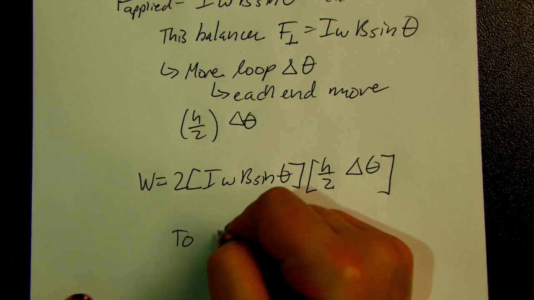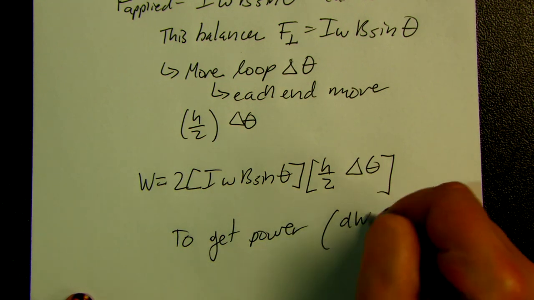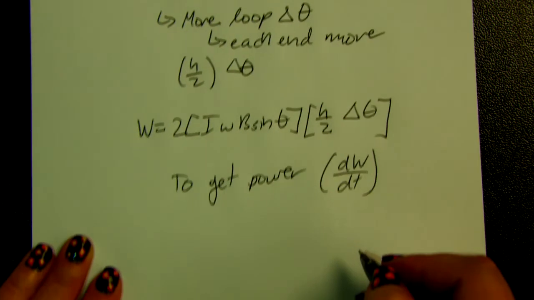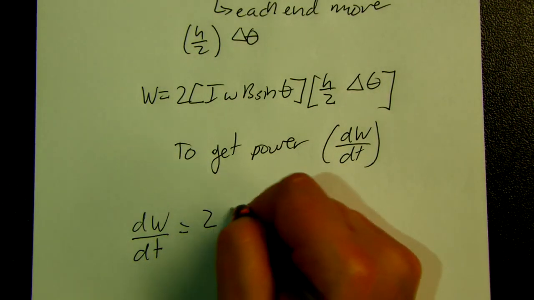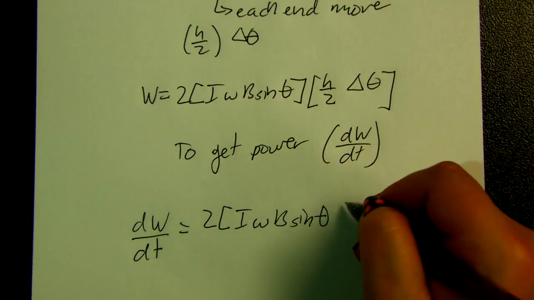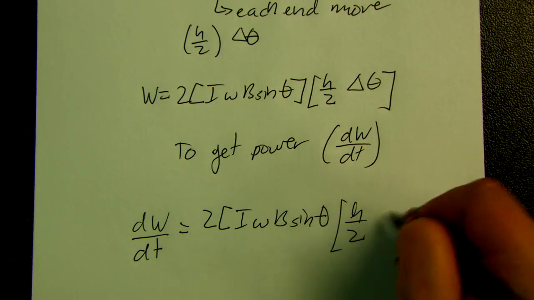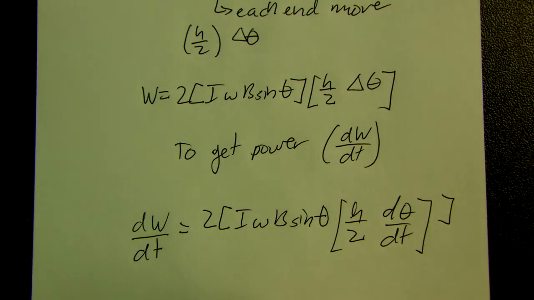To get power, which is the change of work with respect to time, dW/dt is equal to 2 IWB sine theta times h over 2 d theta dt, which is equal to IBWH omega sine theta.